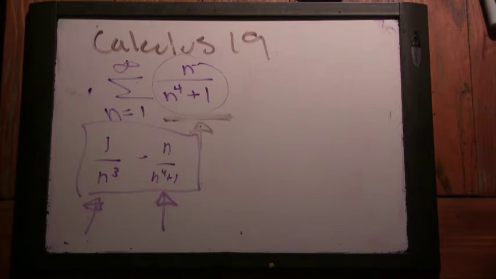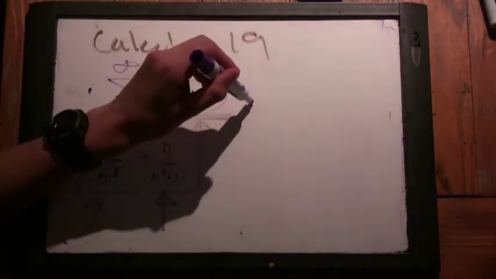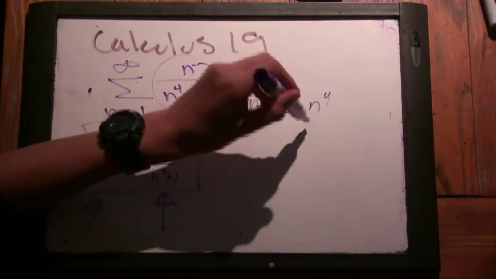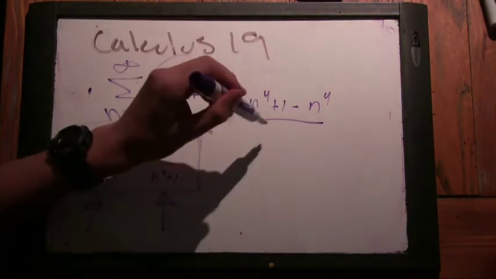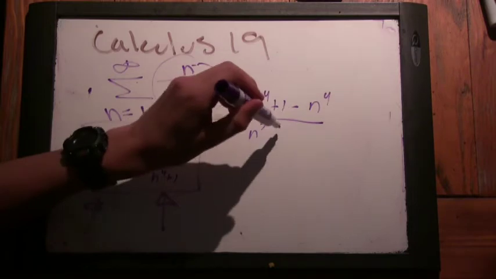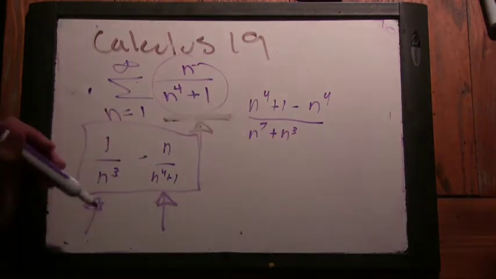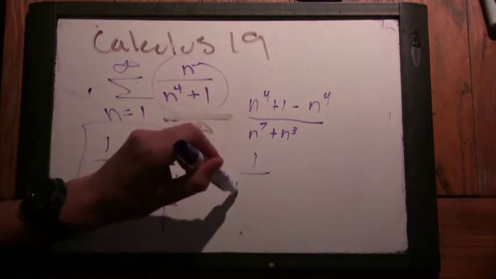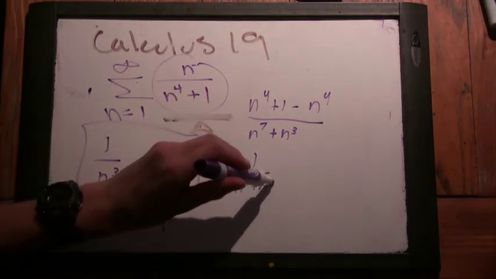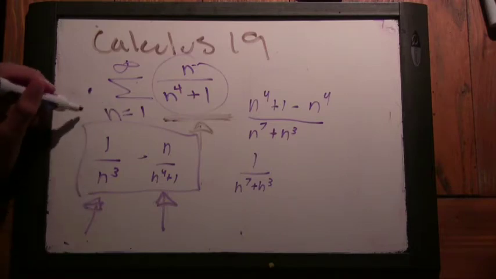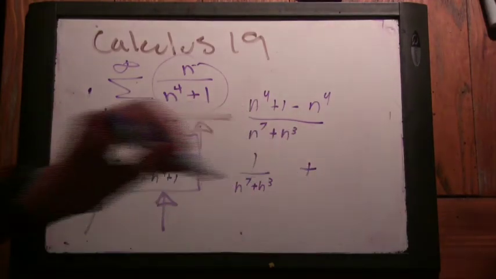So we can just subtract like we would subtract fractions. So we get 1 over n to the 7th plus n cubed, which, since n is always positive, this is always positive.